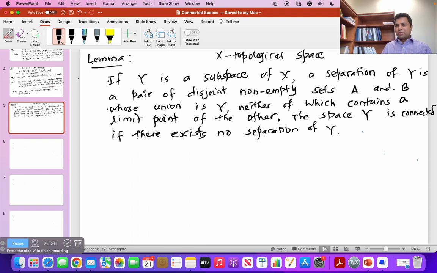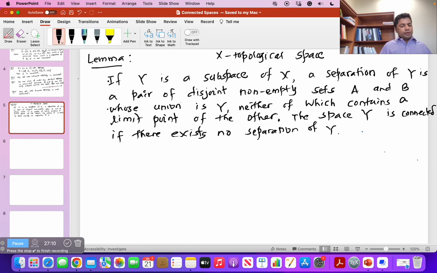A does not contain a limit point of B, and B does not contain a limit point of A. Then this pair is called a separation of Y. And the space Y is connected if there is no separation of Y. But here we are dealing in terms of subspaces.